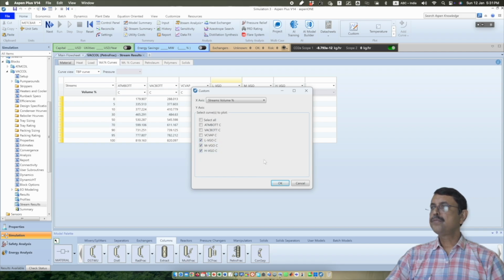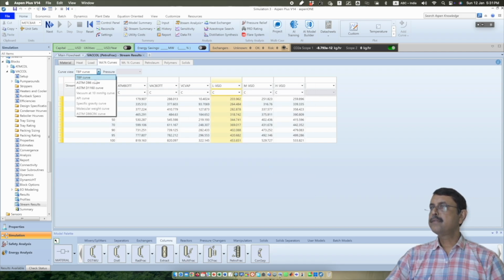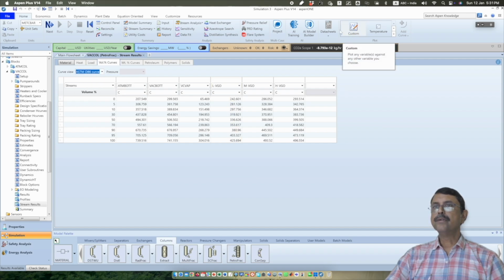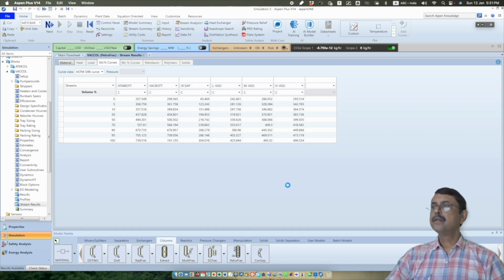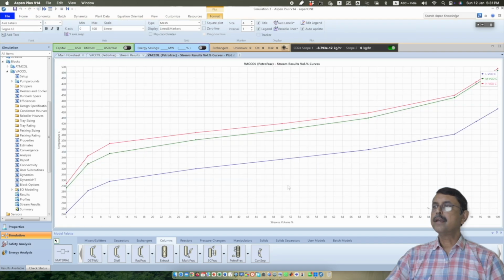And we have to find the ASTM D86 curves for them. Okay, so these are the ASTM D86 curves. This is the stream's volume percent from 0 to 100% and how the temperature changes over these cuts.